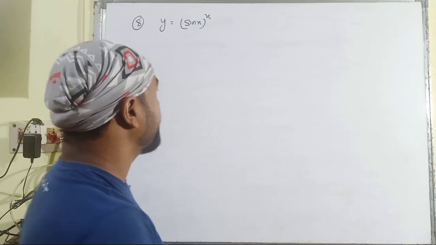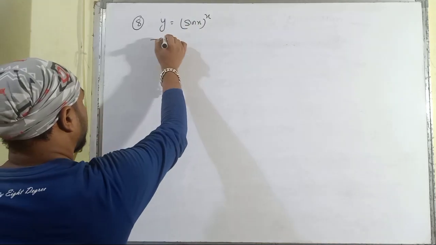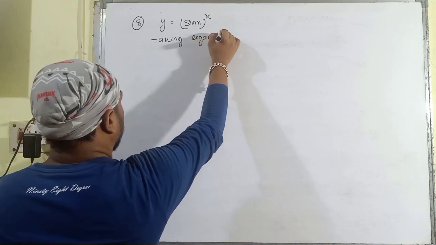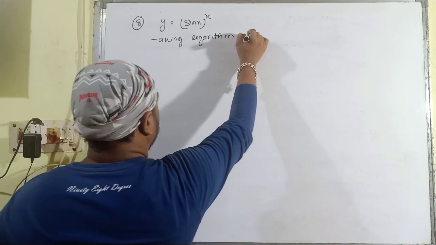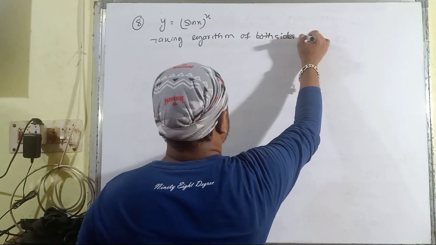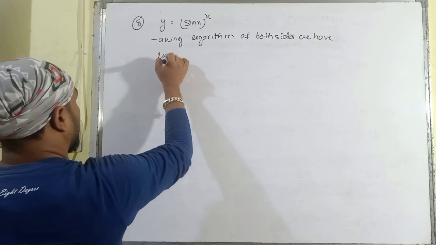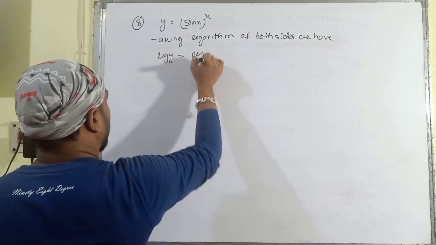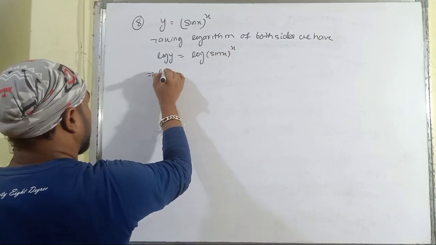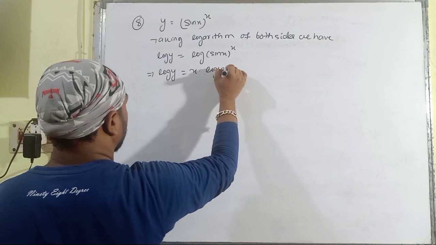Then coming to the problem number 8, it is given that y is equal to sin x to the power x. Taking logarithm of both sides, we have log y is equal to log sin x to the power x. That implies log y is equal to x multiplied with log sin x.